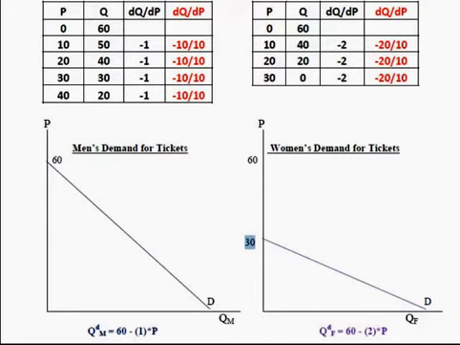So P equals 30 minus 1/2 Q is the alternative way of writing the women's demand curve.